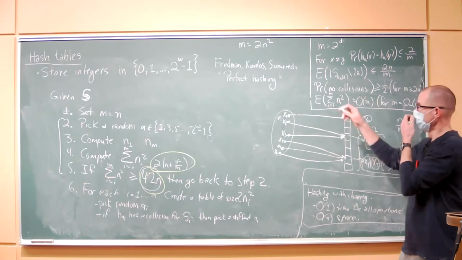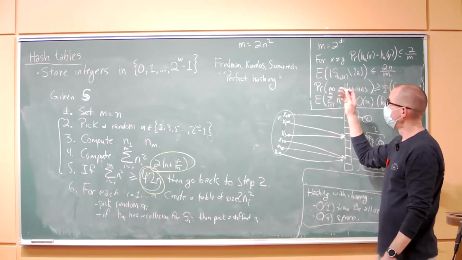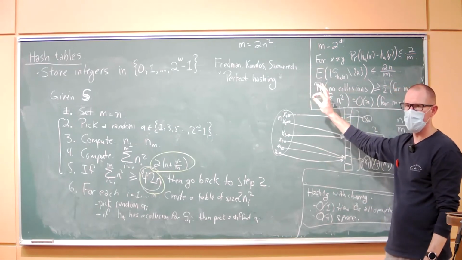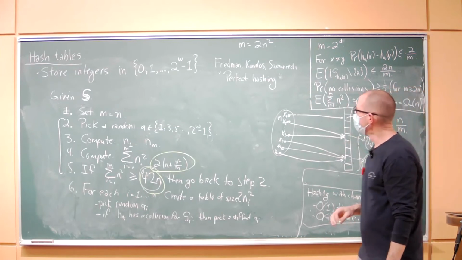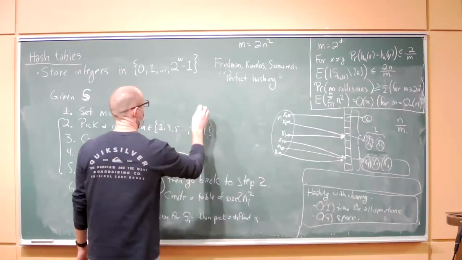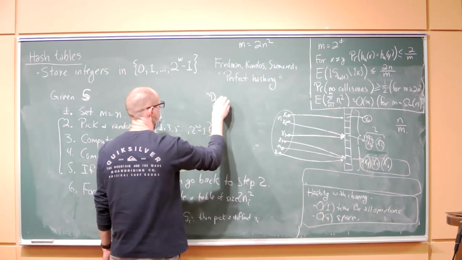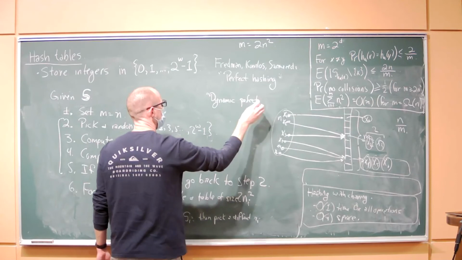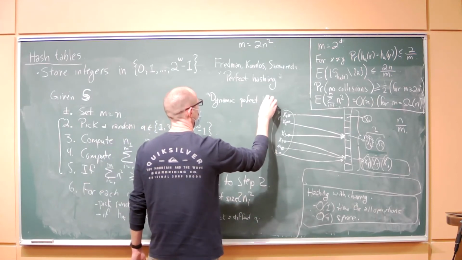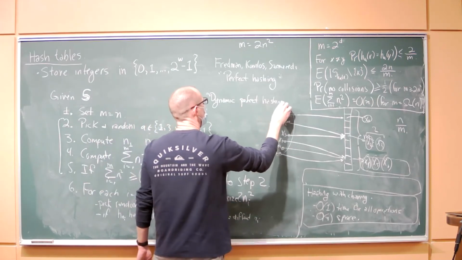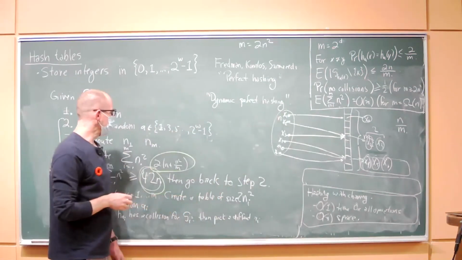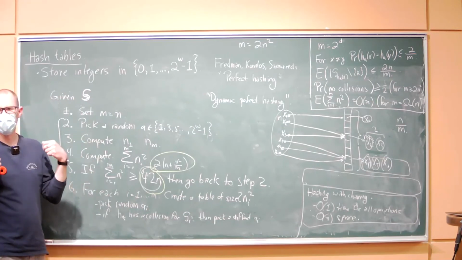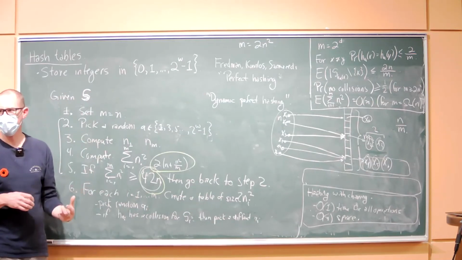And this original result was only for a static set of things. At least that's what was written in the paper. So a few years later, another group of authors wrote a paper called Dynamic Perfect Hashing, in which they showed how to take the same structure but allow you to add and remove things.